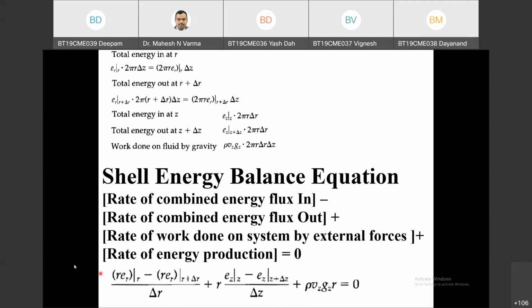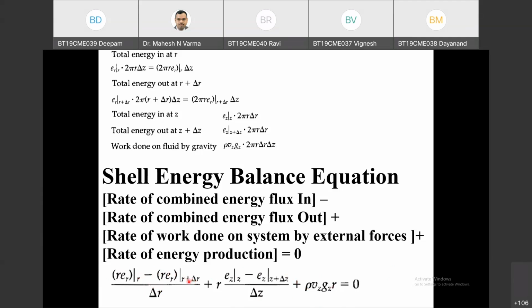Roll number 40, Ravi: what kind of mathematical arrangement is needed here? Sir, usually we take the limit delta R equal to 0.